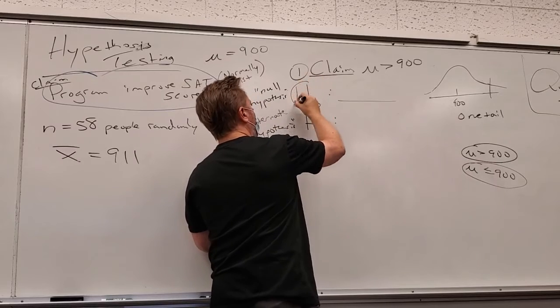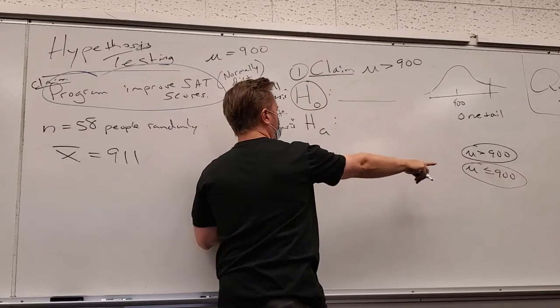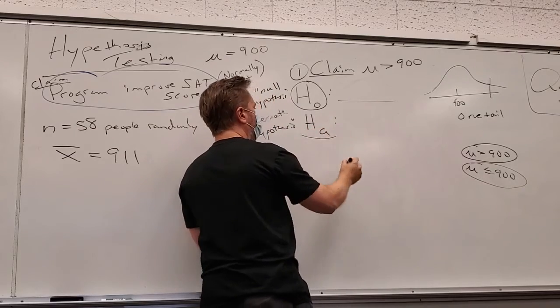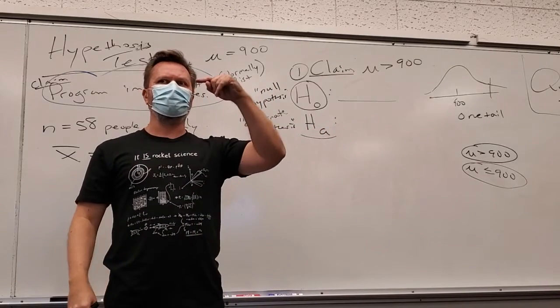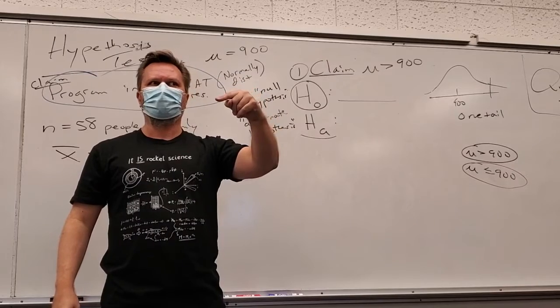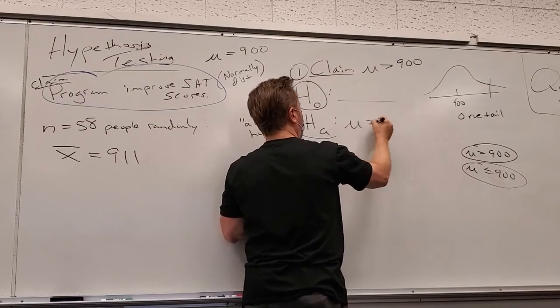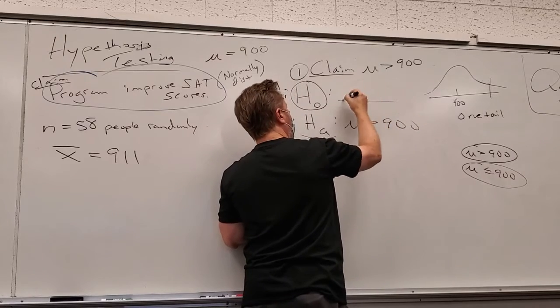So the null is always going to have the one with an equal sign, and the alternate will have the one without an equal sign. When you write your claim down, you're going to put it in the right place. Does this have an equal sign? No, so I'm going to put it here. So what's going to go here? The opposite.